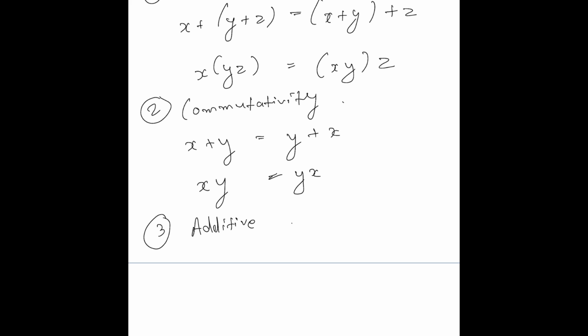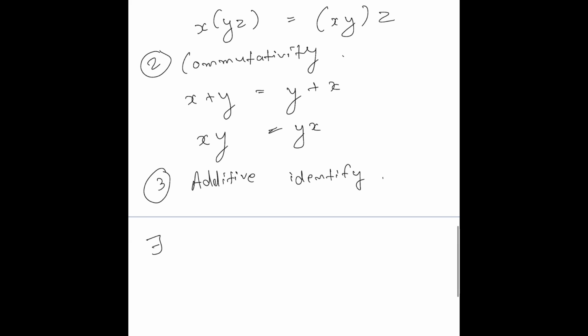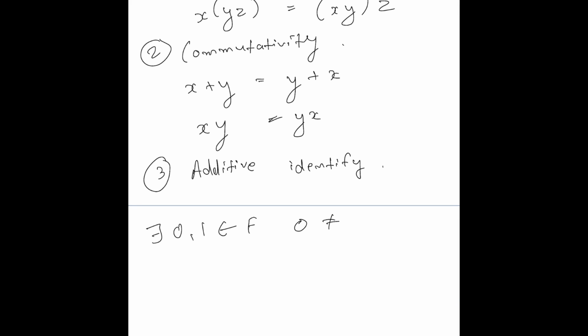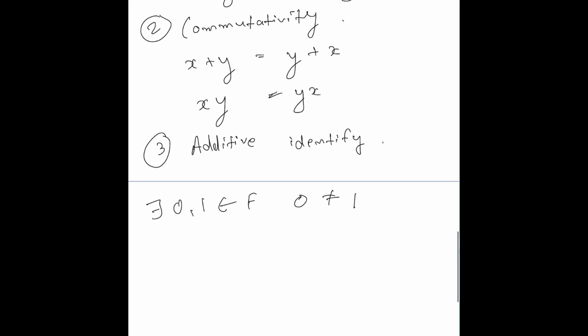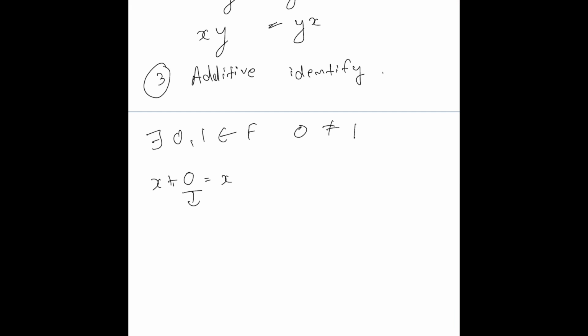Third is additive identity. We can say there exists, this is a quantifier, we have learned this in the previous video, there exist 0 and 1 belonging to set F, and we know 0 is not equal to 1. So what is the additive identity? When we add 0 to x, we will get x itself. So 0 is our additive identity. You have learned this before in previous math classes, so I'm not going much into this.